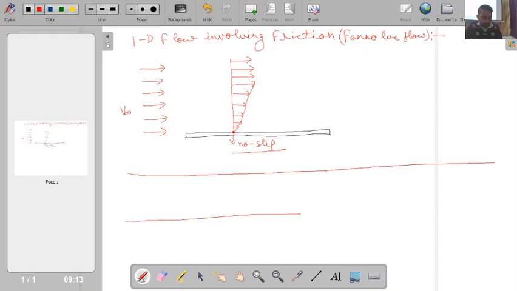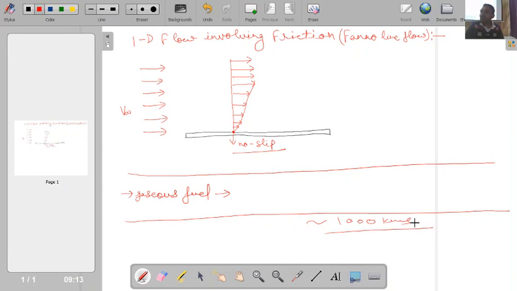In a natural gas pipeline I will have some gaseous fuel flowing inside this pipeline. The length of this pipeline will be of the order of hundreds, or even thousands of kilometers. So this will be the order of this pipeline.